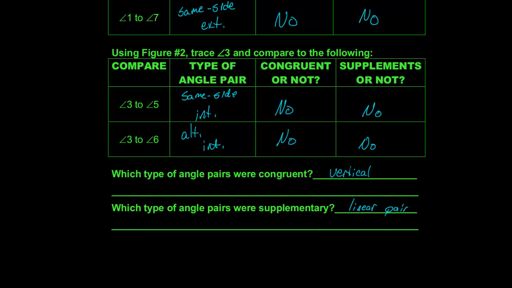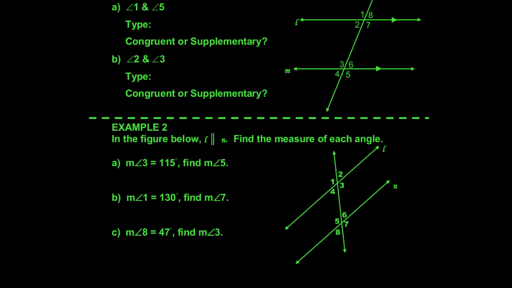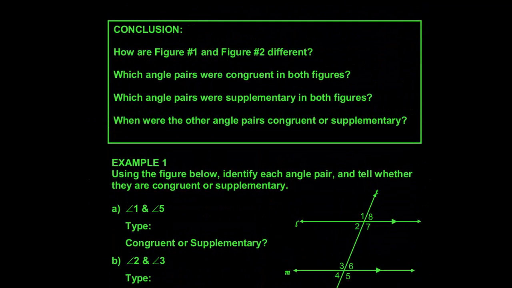Alright, now last page of our notes. We're going to look at our conclusions. How are Figure 1 and Figure 2 different? And this is something that I went back and I stated that Figure 1 has parallel lines.